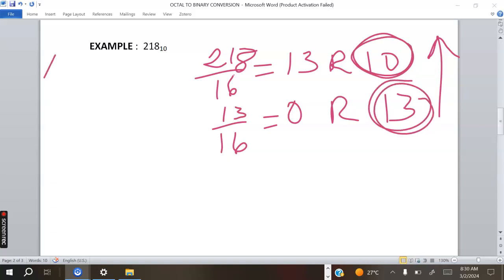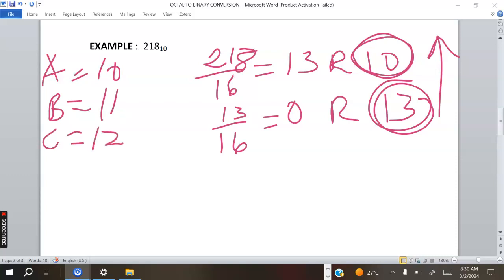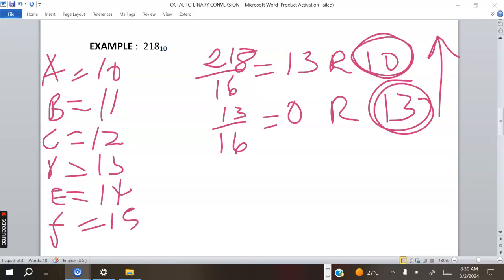Remember the rules? A is equivalent to 10, B is 11, C is 12, D is 13, E is 14, F is 15.